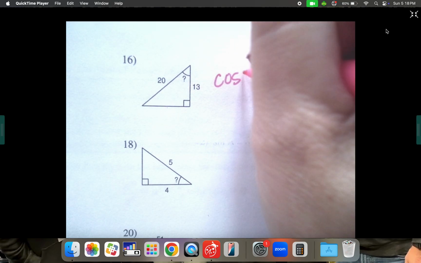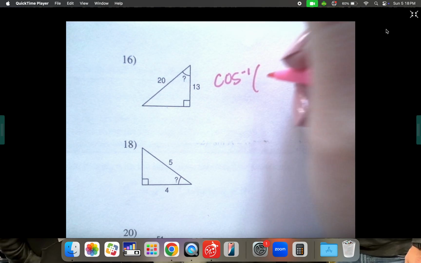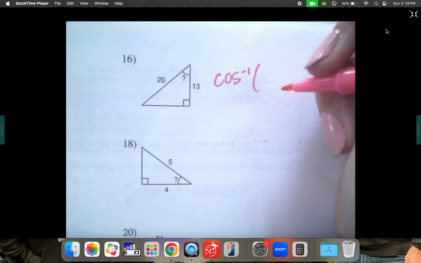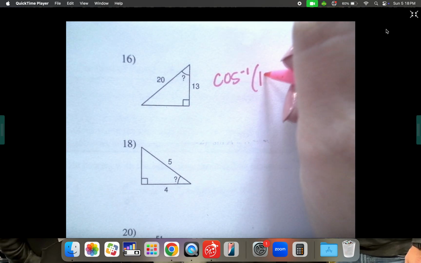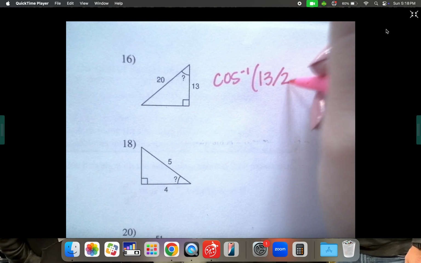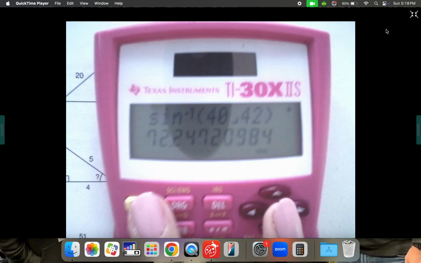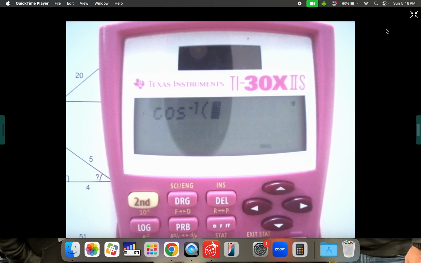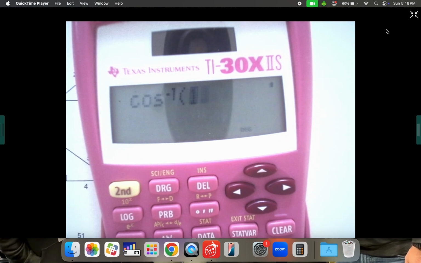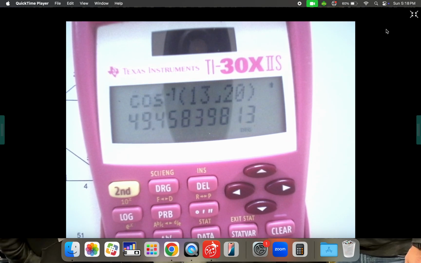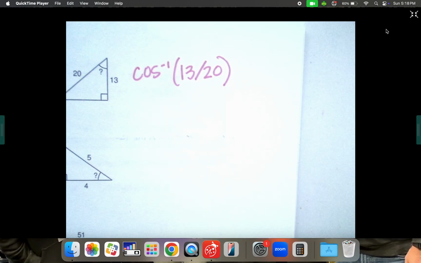So cosine inverse of adjacent, which is 13, over my hypotenuse, which is 20. And again, just find where your buttons make these correct answers. This is going to be about 49 degrees.